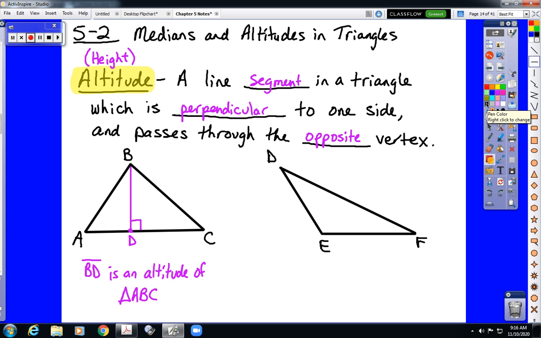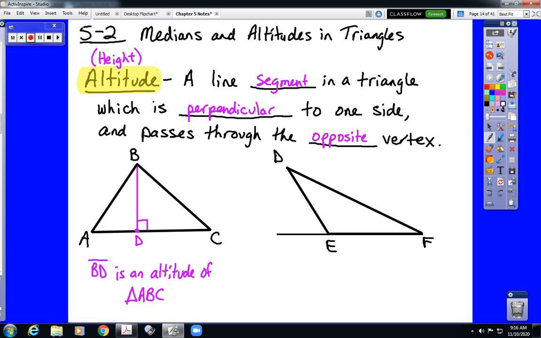So for instance, if we look at triangle DEF, we are going to have to extend side EF in order to look at the altitude there. Okay? So this dotted line I just drew represents that side extended.